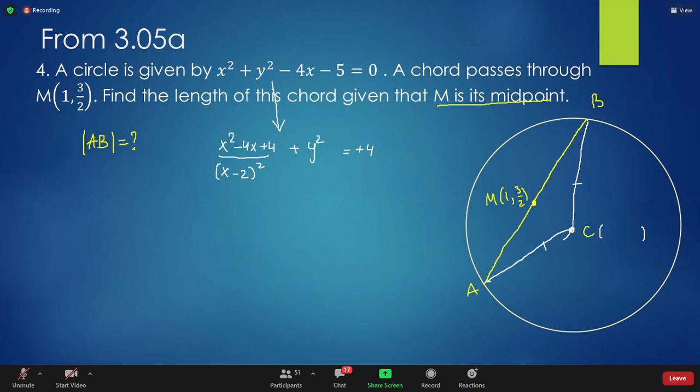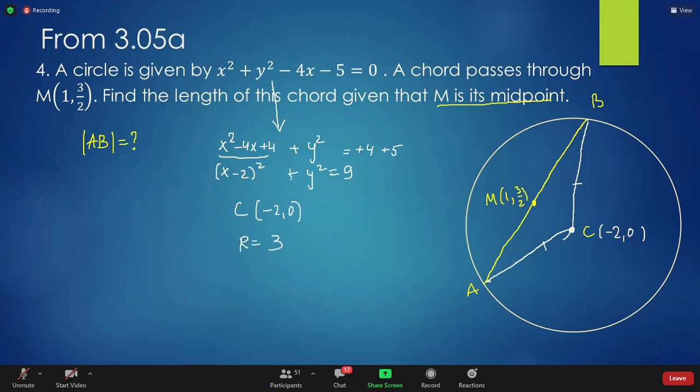And minus 5, let's move the minus 5 to the other side. So what we have now is x minus 2 squared plus y squared equals 9. So the center has coordinates minus 2, 0. The radius is evidently equal to 3.